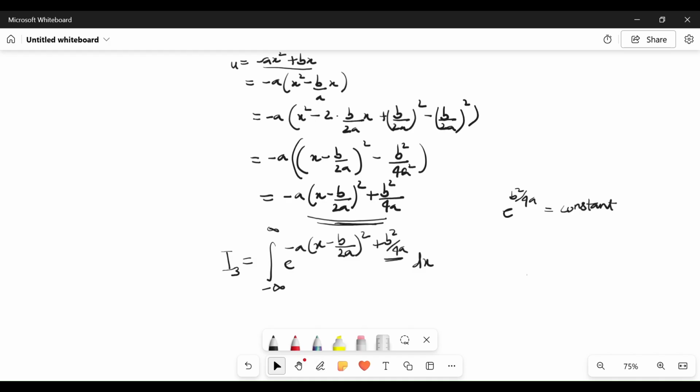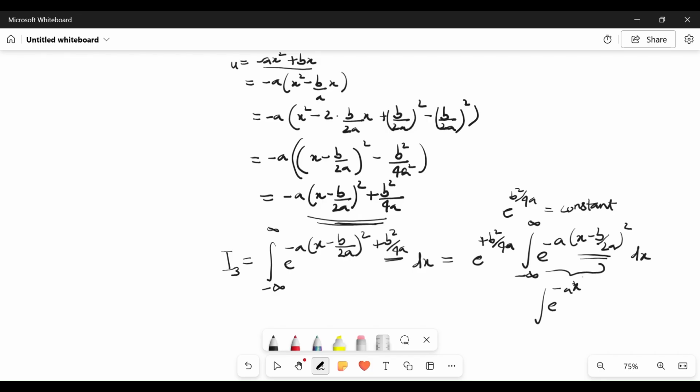So this will be e raised to b square by 4a times the integral of e raised to minus a times x minus b by 2a square dx from minus infinity to infinity. Now you can see that this overall integral is similar to this one, because it's just a constant inside.